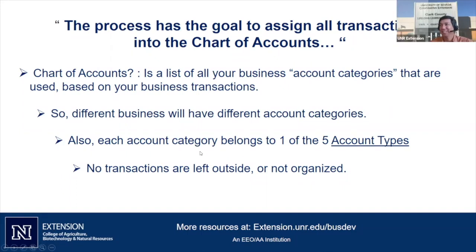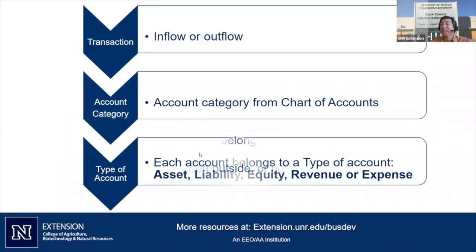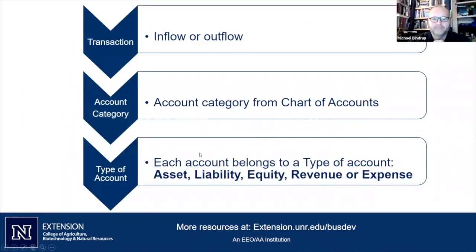Yes. Okay, so all the inflow and outflow for the business goes into an account category and then flows to a type of account. That's kind of the general process. This is why we do things in bookkeeping: transactions, account category, type of account.